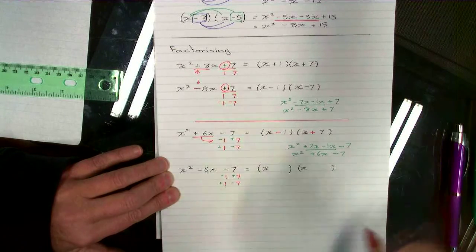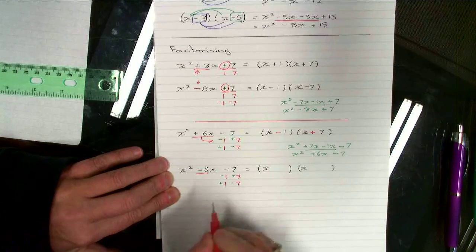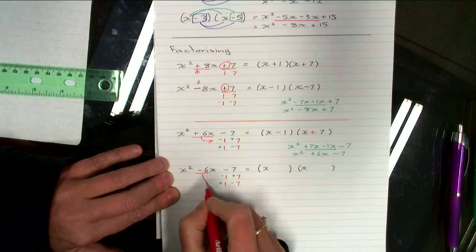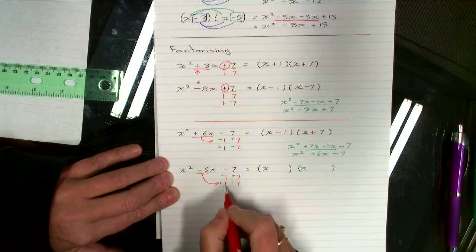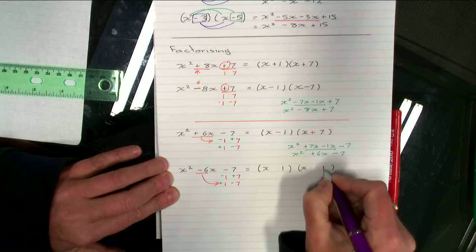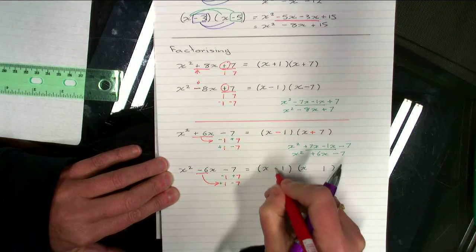So because we have minus 6, we know that it can't be this because we used that here, so it must be this set of terms, plus 1 minus 7. So we put our 1 in our brackets, and we know that it has to be plus 1 minus 7.